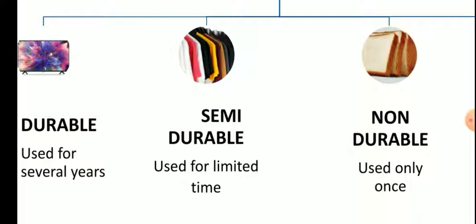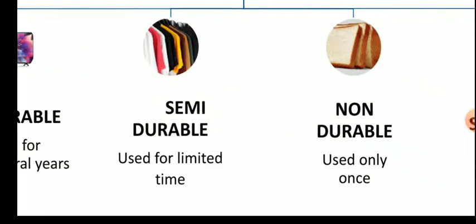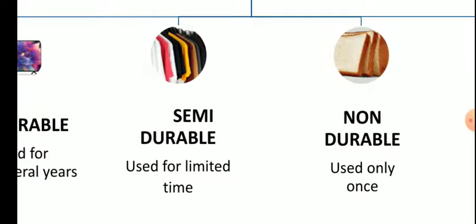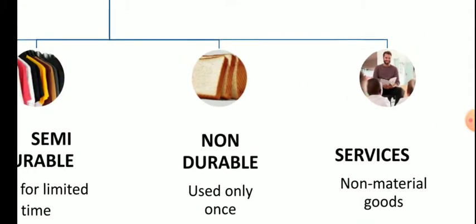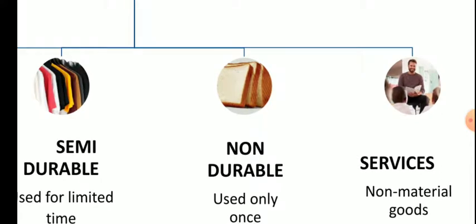You can use it for a limited period of time. So this is semi durable, not as durable as the television set. If you wear a t-shirt for the last 1 year, every time, then you have to throw it away. So it is semi durable. You cannot use it for unlimited times. That is why it is known as semi durable.